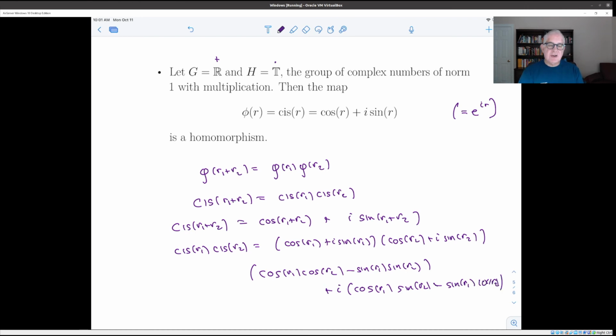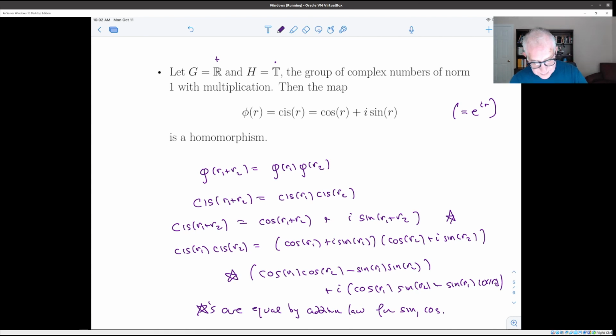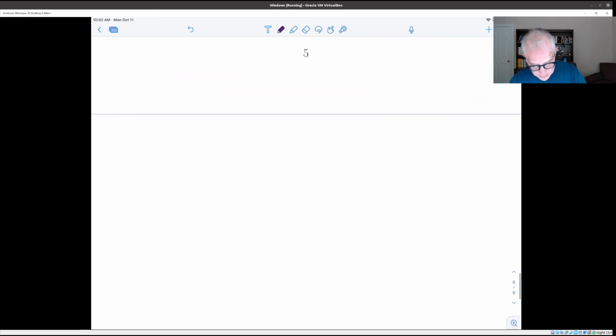And by the addition laws for sine and cosine, these two things are equal. So this is a homomorphism. And that's going to do it for this collection of examples.